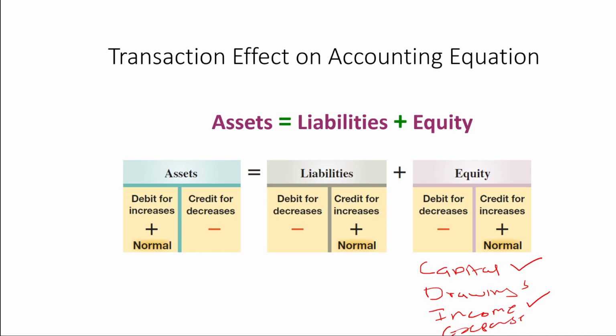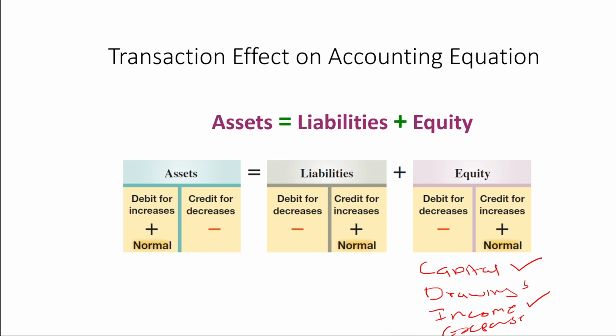The difference will determine whether the owner made a profit or a loss. If it's a loss, it will decrease the owner's interest in the business, and if it's a profit, it will increase the owner's interest in the business.